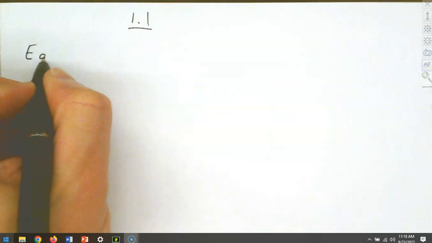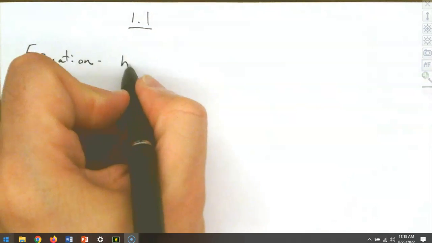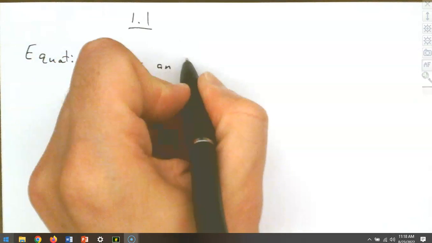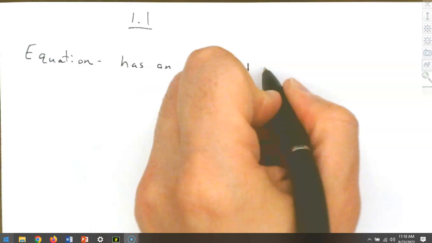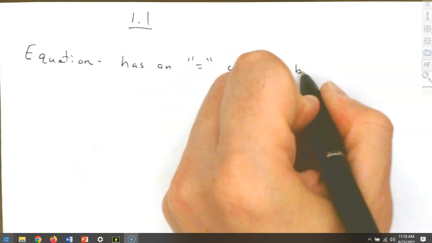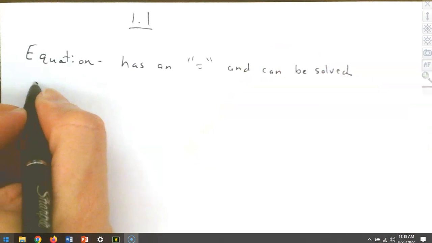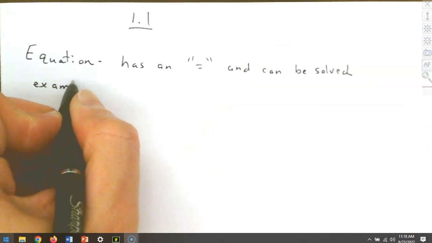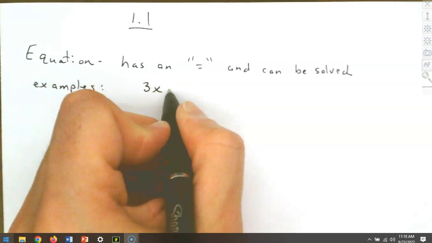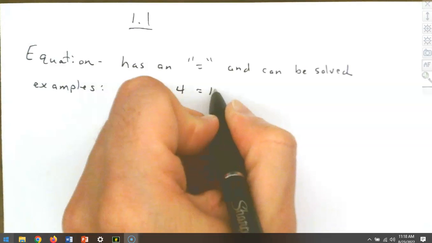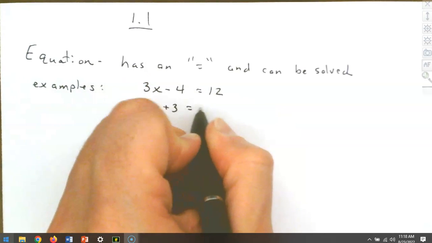So an equation has an equal sign and can be solved. And let's look at some examples of an equation. So 3x minus 4 equals 12, and 8x plus 3 equals 9.